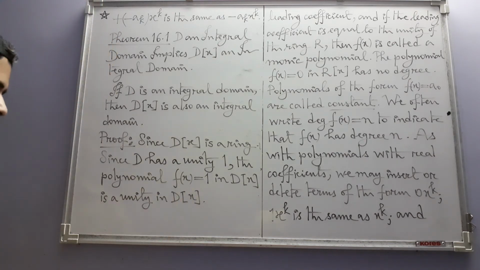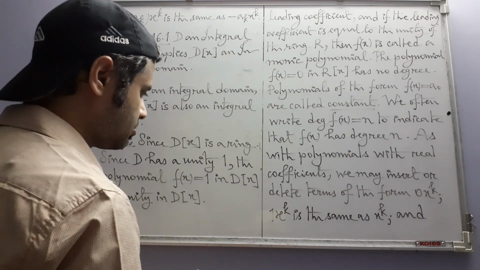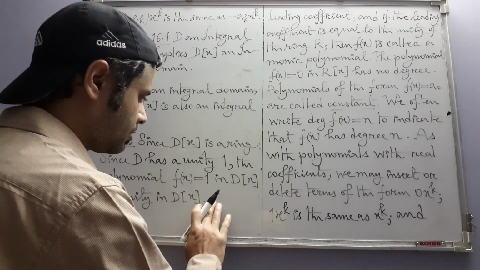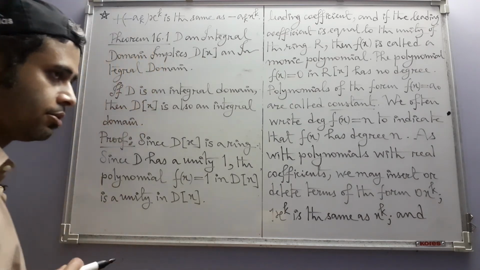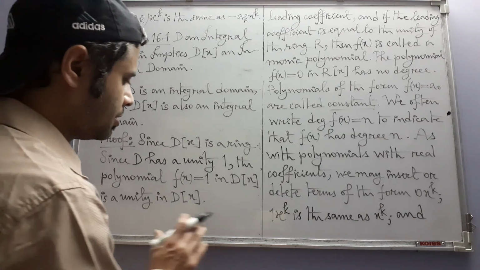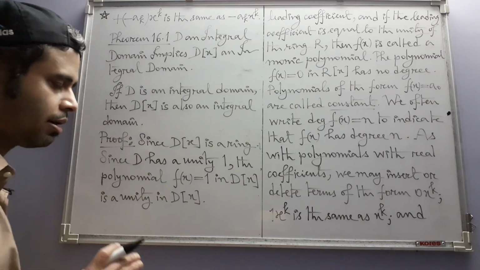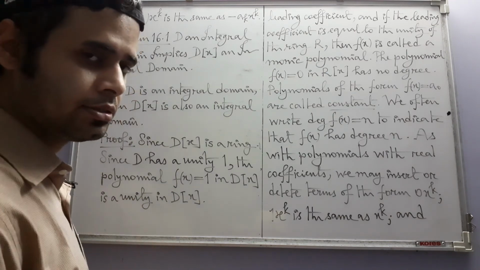So it acts as a unity in D[x]. What is left for us is to show that D[x] does not have zero divisors. That means if you choose two non-zero elements in D[x], you have to show that their product is non-zero.